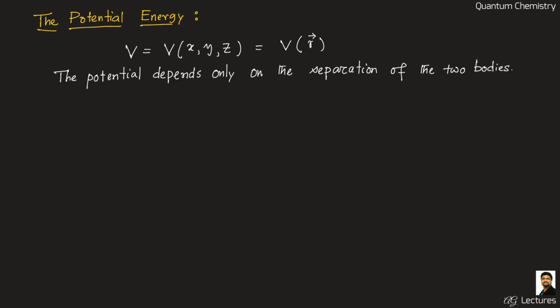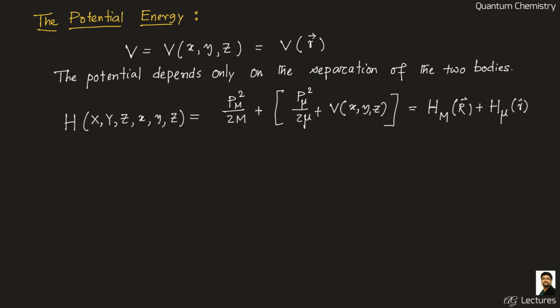If this is the nature of the potential, then we can write down the total Hamiltonian in the following way. So we have two kinetic energy parts, the P_M square over 2 capital M and the P_mu square over 2 mu. And then we have the potential part, but as we have already discussed, the potential depends only on the relative coordinates.